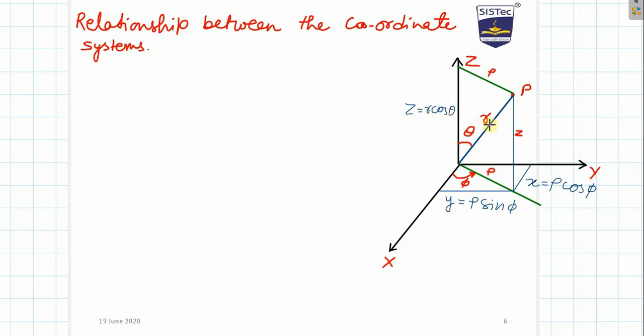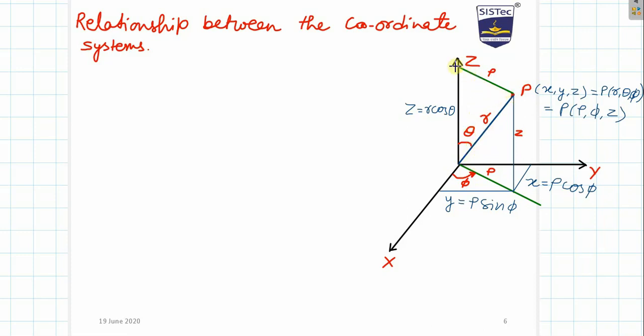So this point P has been represented in xyz, and again in r, theta, phi, and also in rho, phi, z. So all the three coordinate systems can be represented in a single three-dimensional space.